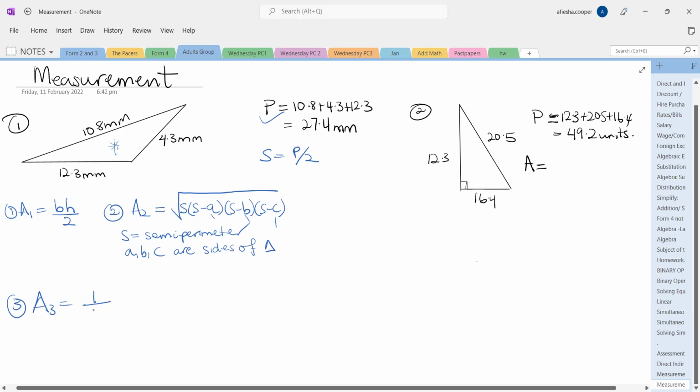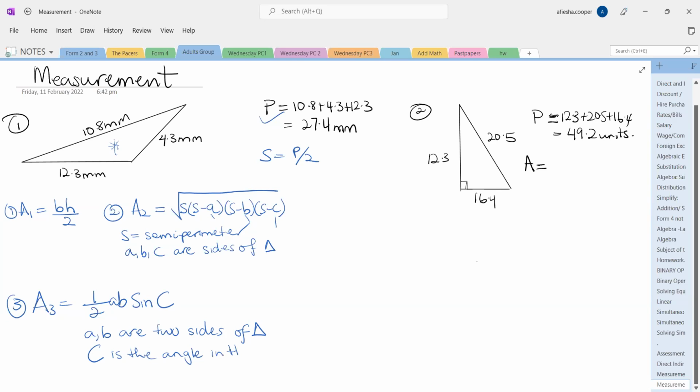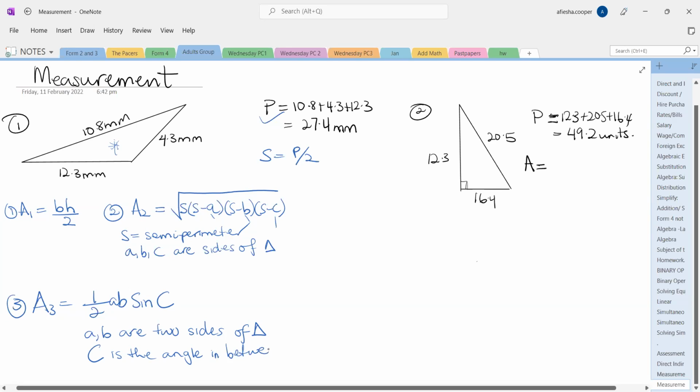So that will be a half by AB sine C. So A and B are 2 sides of the triangle, and C is the angle in between A and B. Right, so we could work out the area of a triangle based on any one that we have.